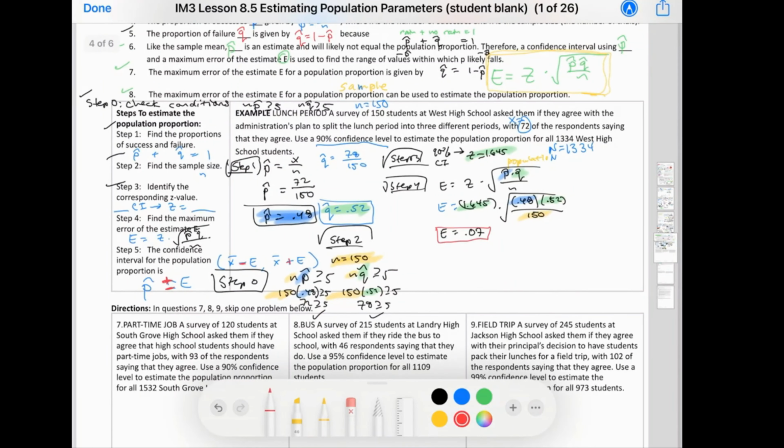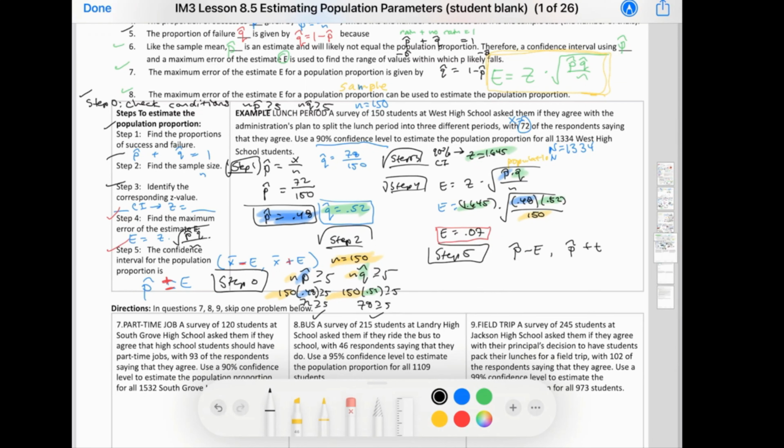Okay, then step 5, the confidence interval of the population is, let's write that. Step 5, we are taking our p hat minus E and p hat plus E. You could be consistent with what we did previously. Let's just do minus first, doesn't matter.